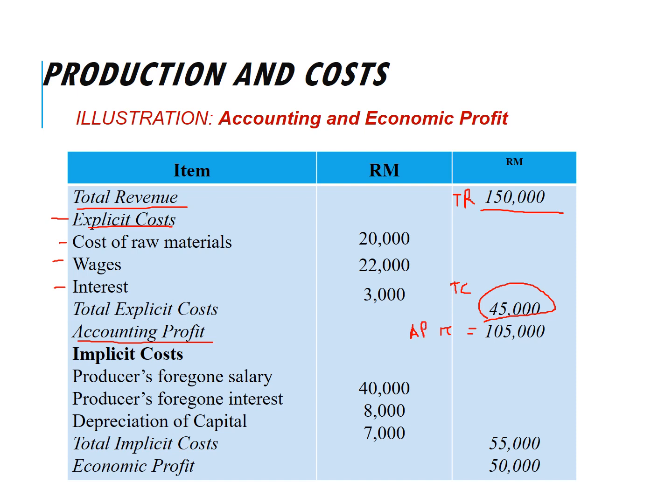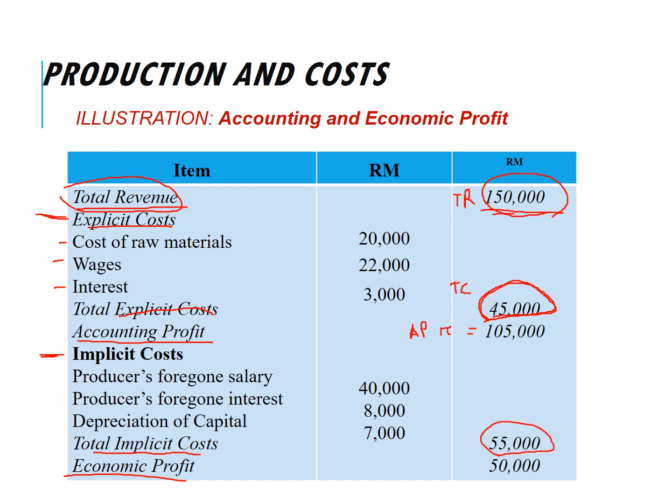How about the economic profit? Economic profit: total revenue here is 150,000. You deduct the explicit cost, which is 45,000, or accounting cost, minus the implicit cost. The amount of implicit cost is 55,000.